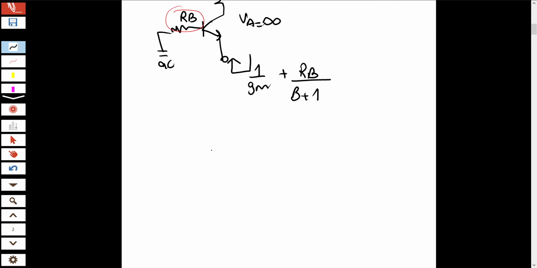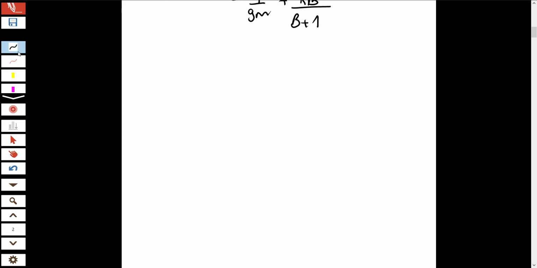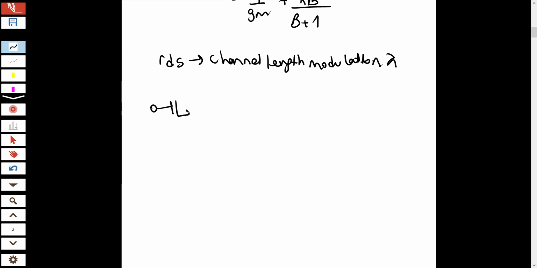Now let's move on to MOSFET. In MOSFET, this time there is the r_ds component, the drain source resistance due to channel length modulation lambda. So let's look at the first one.